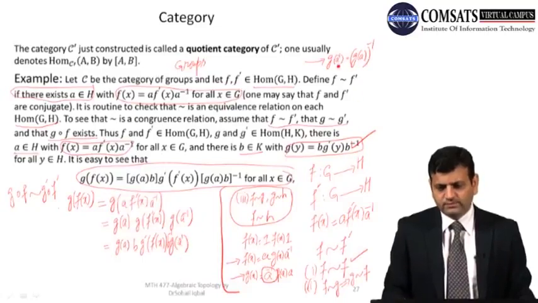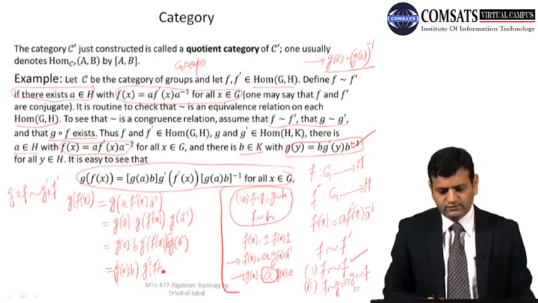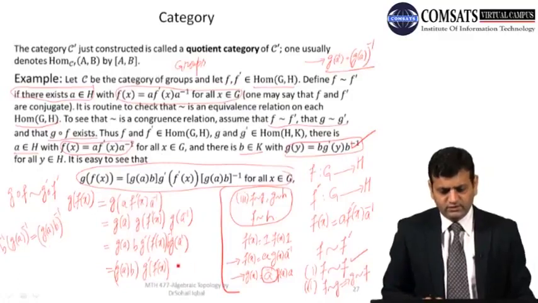Now from group theory we know that G of A inverse is equal to the inverse of G of A. So G of A, B is one element, then G prime of F prime of X, and then G of A whole inverse multiplied by B inverse. This is equal to G of A B whole inverse. So we can write it down as G of A B whole inverse.